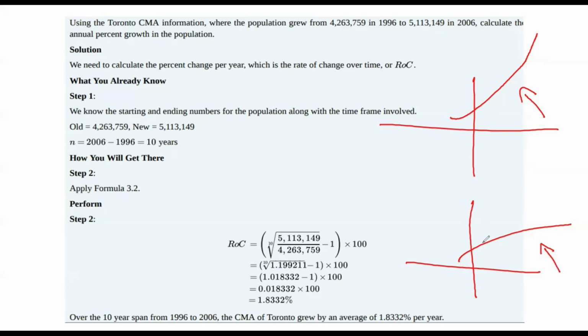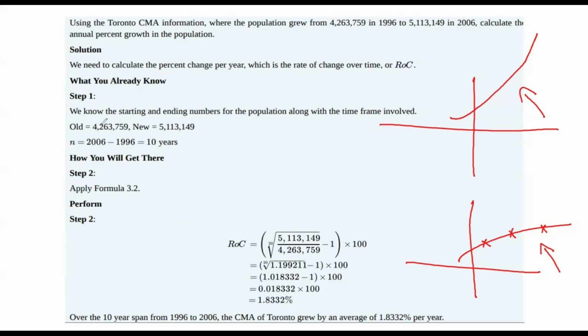Now, the growth changes from year to year, because when you do calculus, you'll see that because it's a curve, the rate of growth here is different from the rate of growth here. But what this formula does is give you an average of all those changing rates. While it might be tedious to calculate the rate every year, we get an average rate of growth. That's what we're going to do.